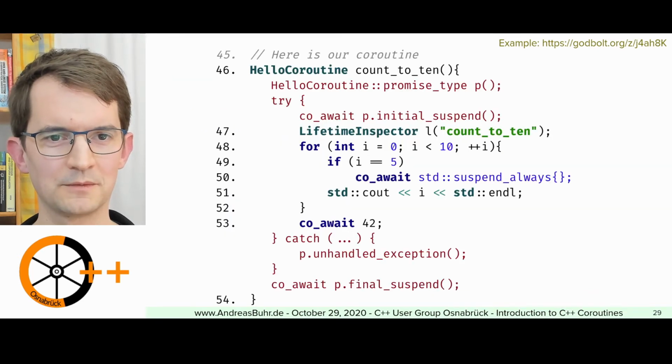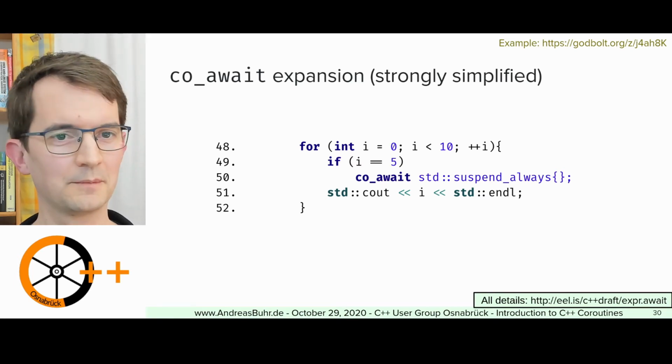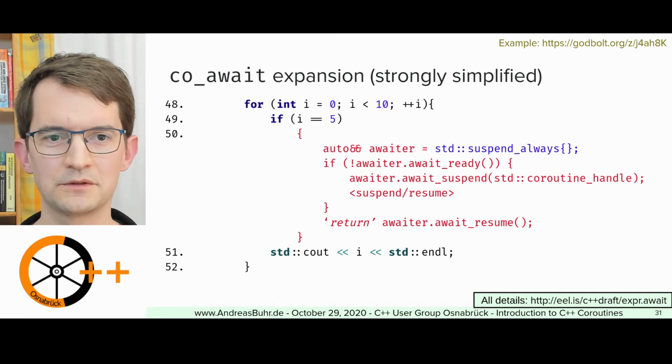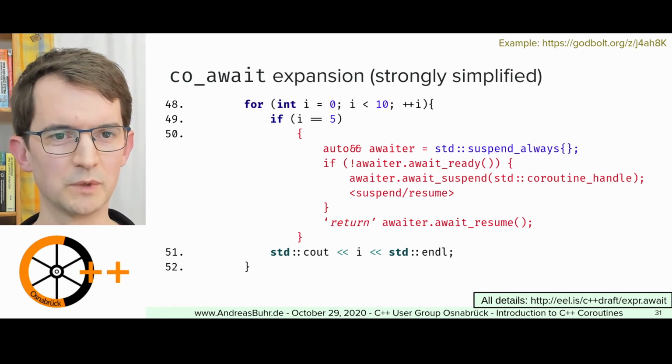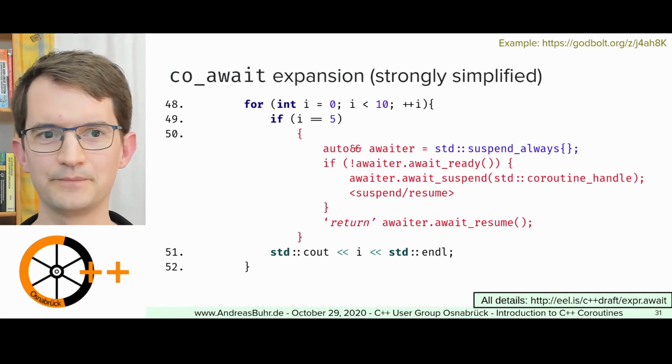Now this time strongly simplified, so this co_await std::suspend_always is transformed to something like this. First, this expression here in blue is evaluated and stored in a local variable, the awaiter. And then the awaiter is asked, are you ready?